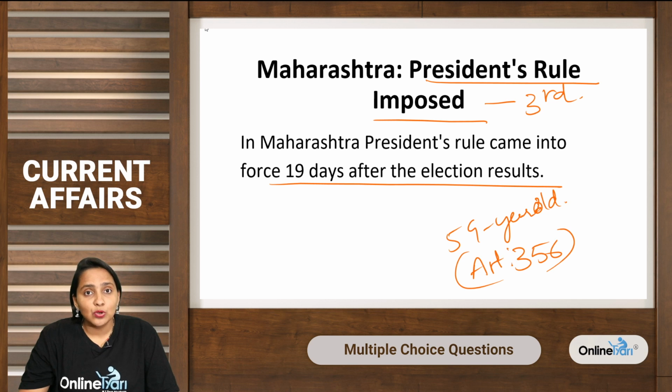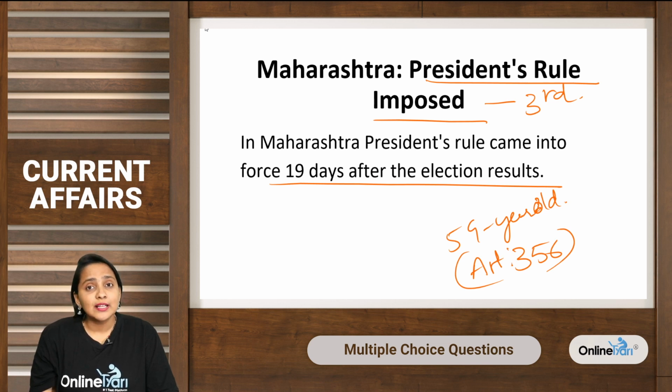Under the President's rule, if the governor recommends or the President is satisfied that the state cannot run according to the constitution or form a government and the constitutional system has completely failed, they can impose President's rule, right. So these are the conditions under which President's rule under Article 356 can be imposed.